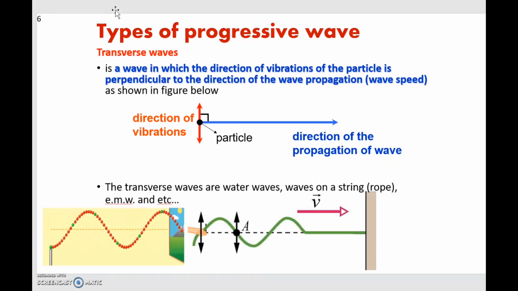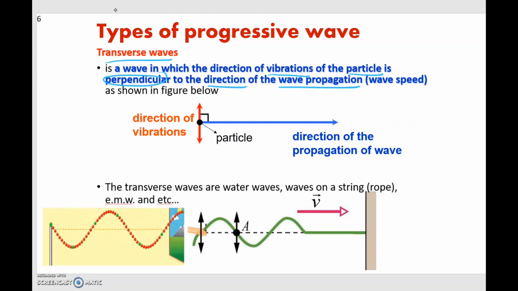So here is the types of progressive wave. First we have transverse wave. Transverse wave is a wave whose direction of vibration of particle is perpendicular to the direction of the wave propagation. As you can see in this GIF image, the particle is vibrating upward and downward, and the direction of the wave propagation is to the right.